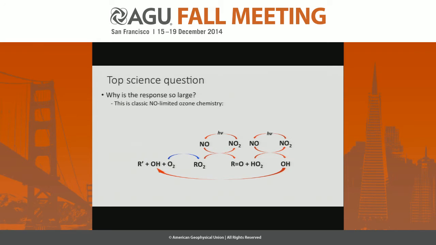And in the process, we convert NO to NO2, which is then photolysed to form ozone. So the first thing you see here then is that when you have large amounts of organics combined with NO, you expect to form ozone.